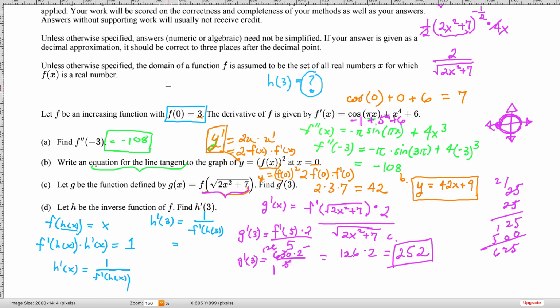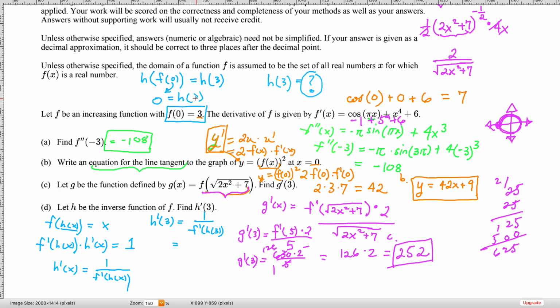But if you look at this equality here, that actually tells you exactly what h of 3 is going to be. Because if I apply h on both sides of this equation, h of f of 0 and h of 3, these two things are inverses of one another. So I just get 0 is equal to h of 3.